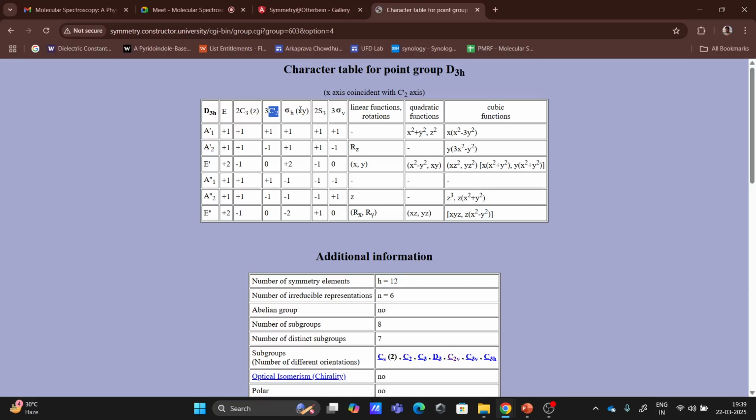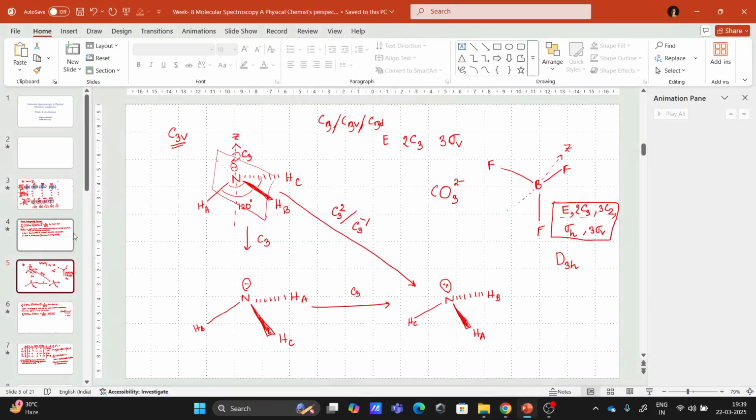Then it's easy, right? You don't have to know if S3s are there or not, because at the end of the day you will be given the character table. So for this course you don't have to mug up any character table. Okay. Now let us come back.